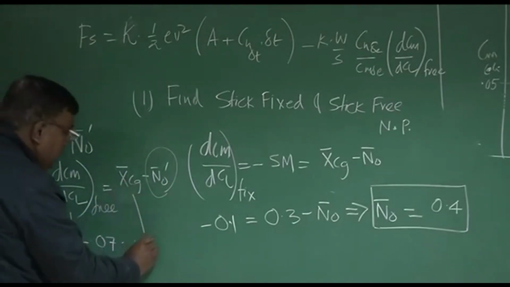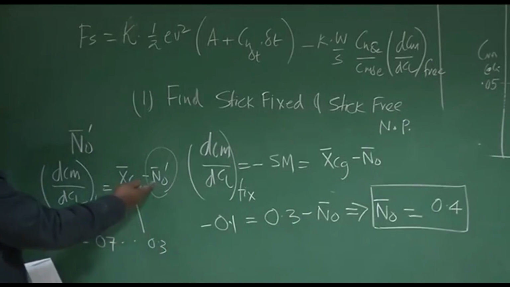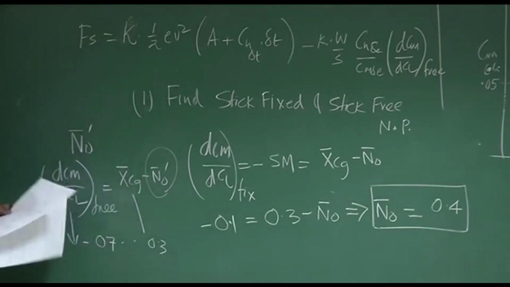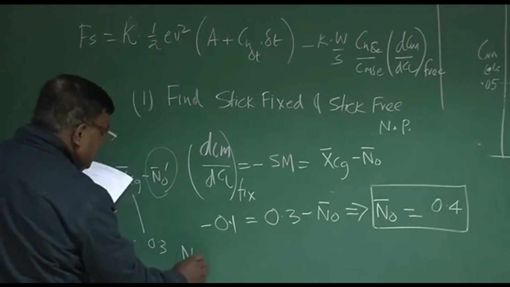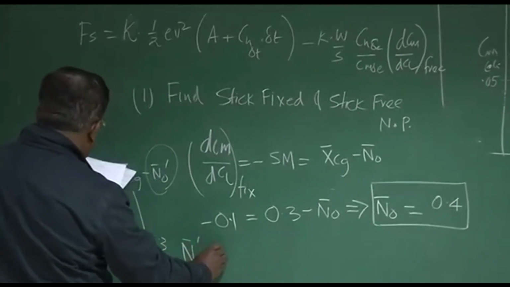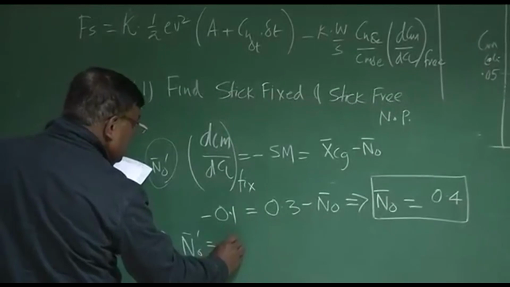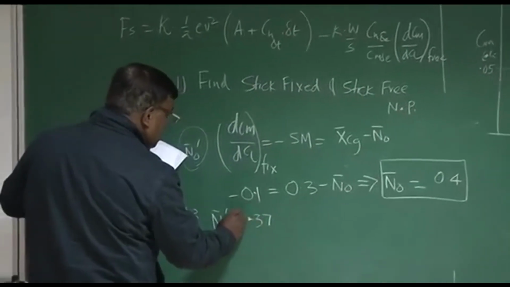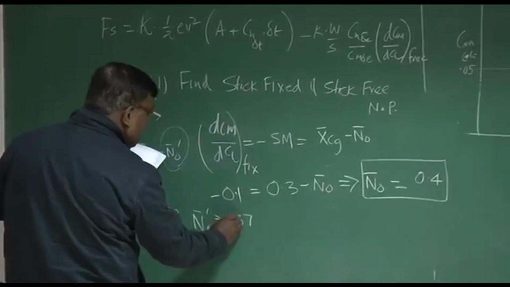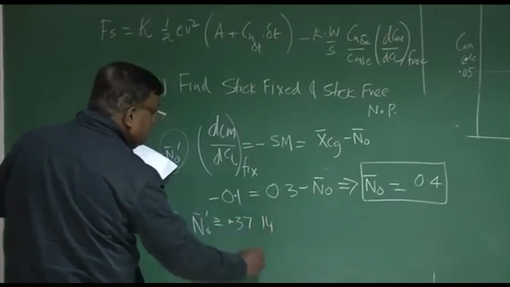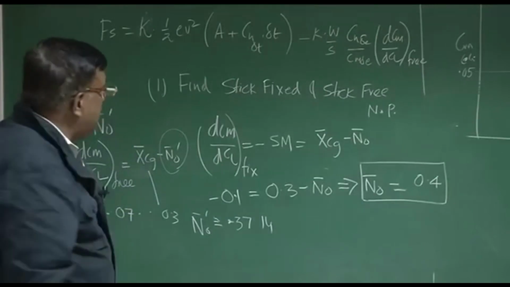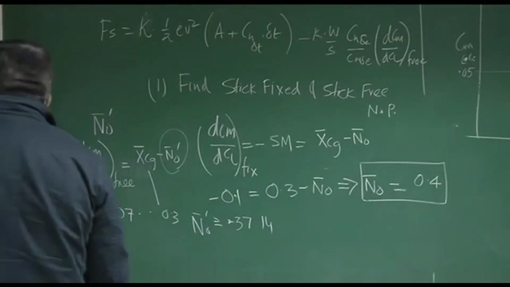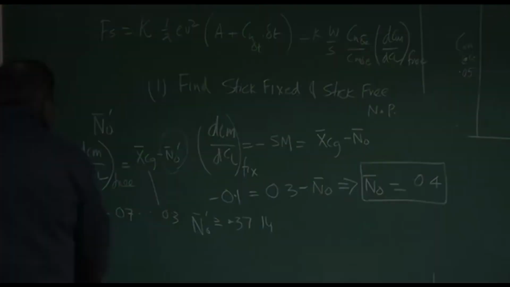Xcg you know is 0.3. So n naught prime will be found simply by solving this. And you are supposed to get n naught prime, if I have not made any mistake, and I should tell you that repeatedly. Please don't blame me. So I'll add that it is approximately 0.37, something like this. You should do it yourself. Okay? So this is the first question we solved, on stick fixed and stick free.